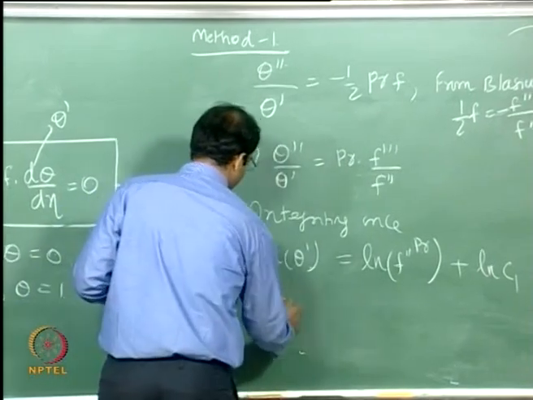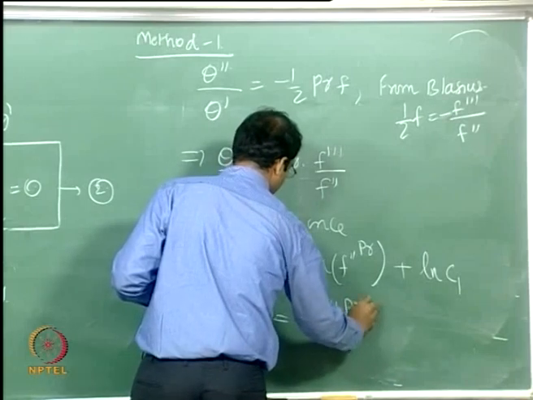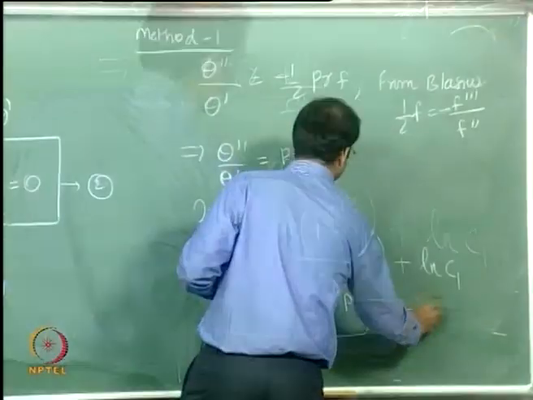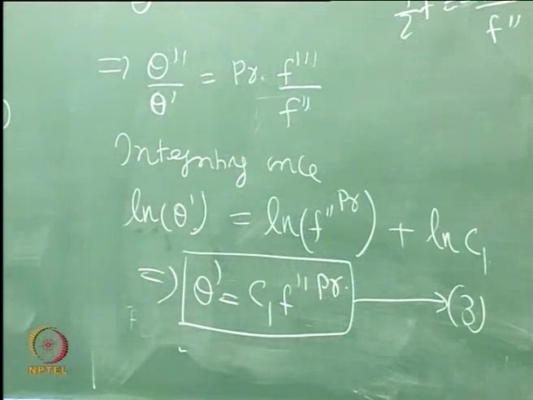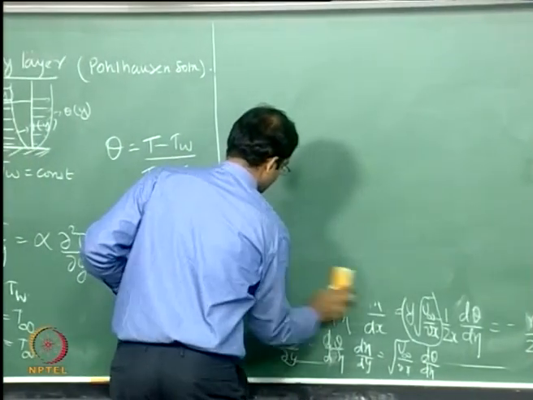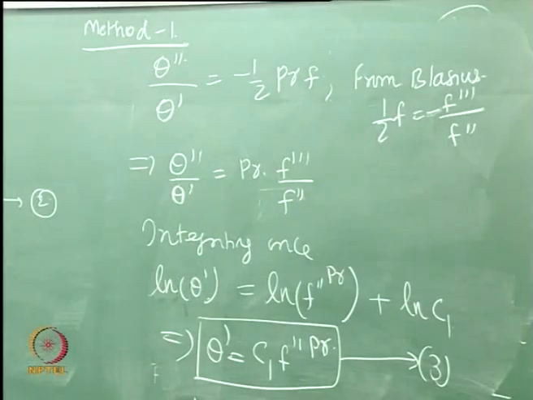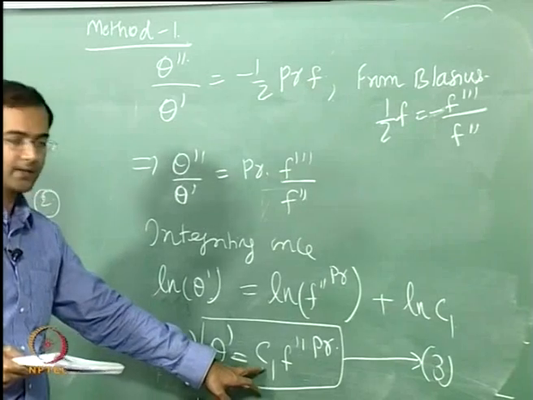Therefore my theta prime should be c1 f double prime to the power Pr. This I will call number 3. So if I integrate once, I get this solution where this constant is not known.